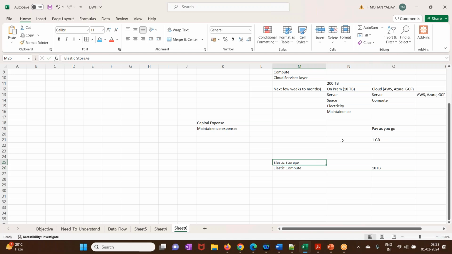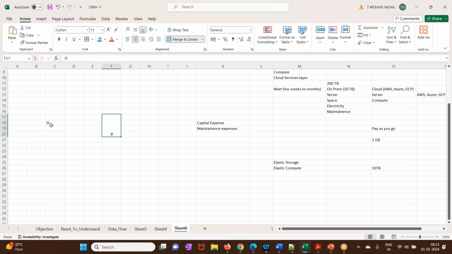In terms of elastic storage, we have 10 TB of data in on-prem. Let us consider an example: we have a bucket of 3 liters, but we have 5 liters of water to fill.